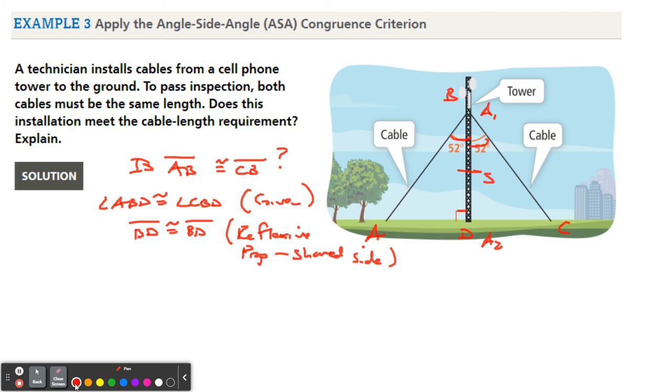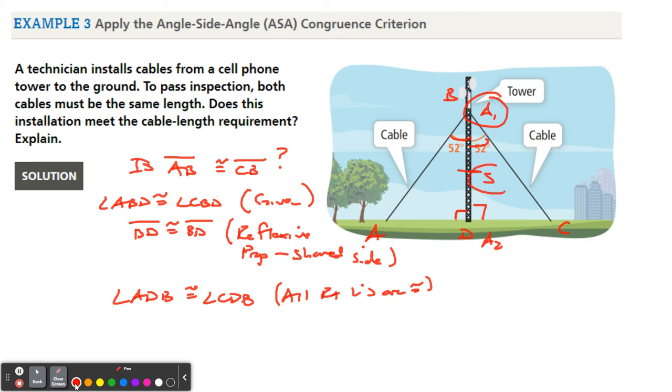Well, if this is a right angle, then this is going to be a right angle, and right angles are congruent. So we know that angle ADB is congruent to angle CDB. This right angle is given to us. We assume this is a straight line because it's the ground, and all right angles are congruent.